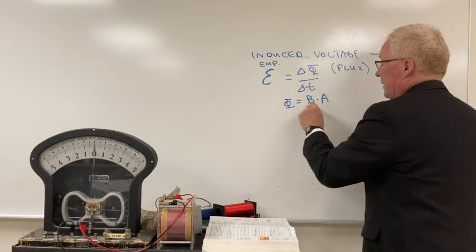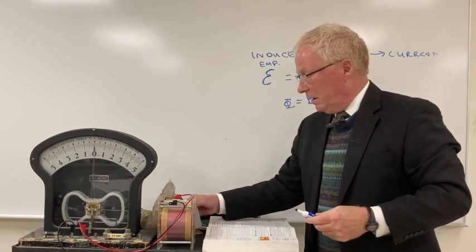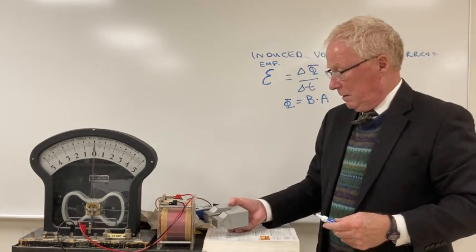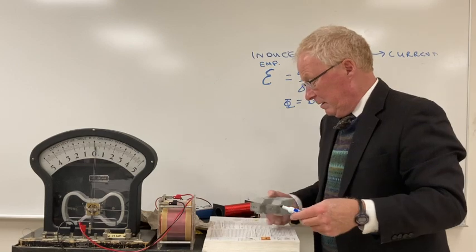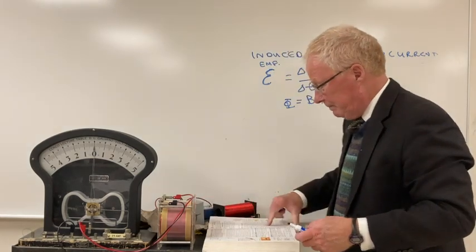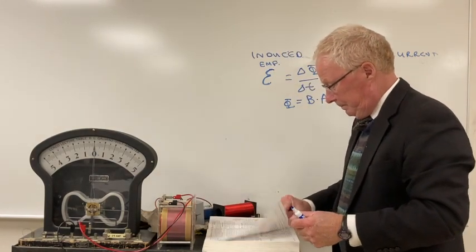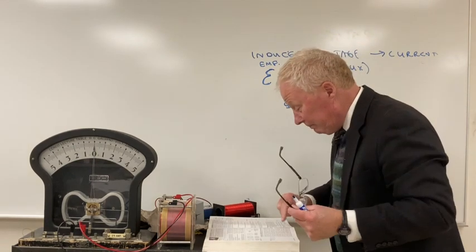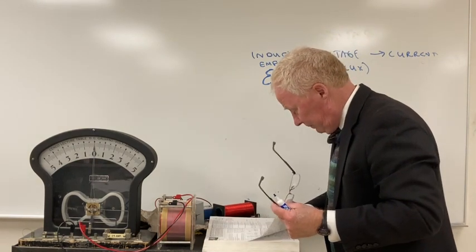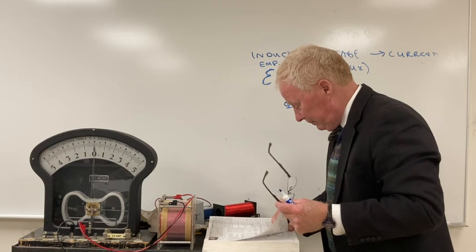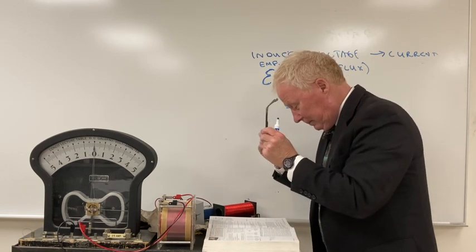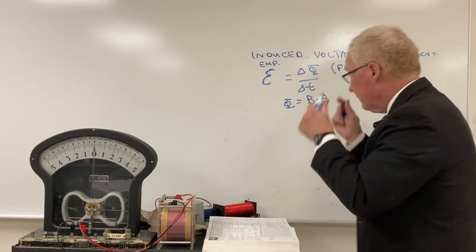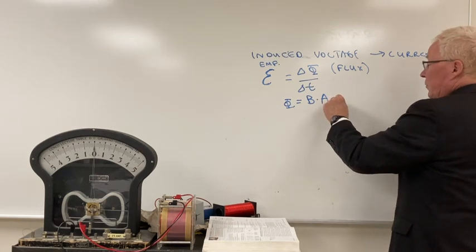So we either have the magnetic field and the area, times the number of turns.